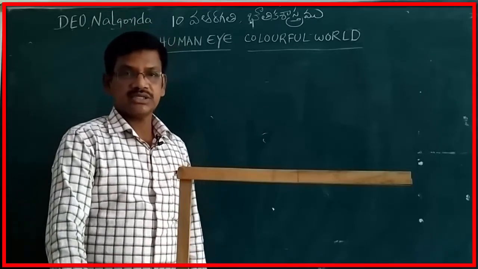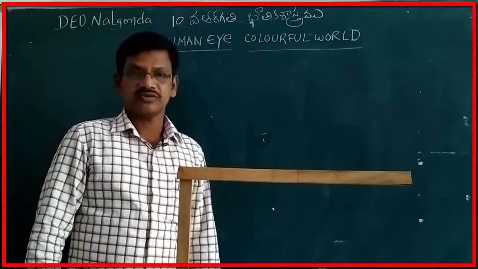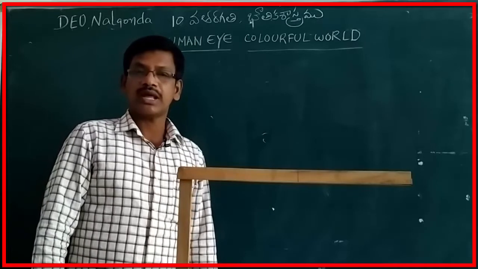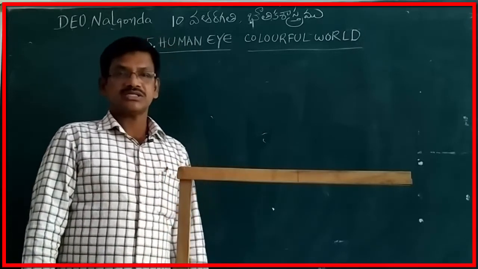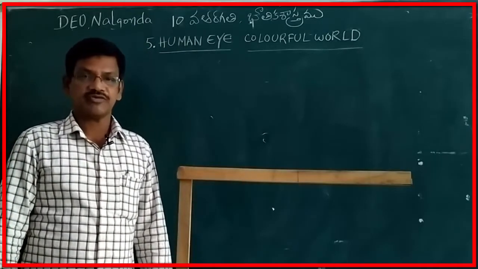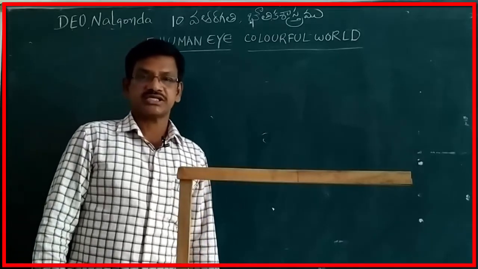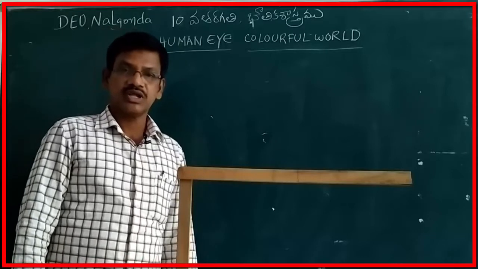And you know that the human eye works on the principle of sensation of vision. The human eye has a lens in it, and the lens is responsible for forming the image of an object at various distances of object in front of the eye.